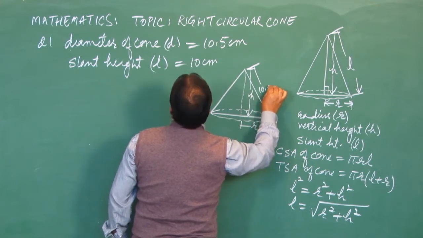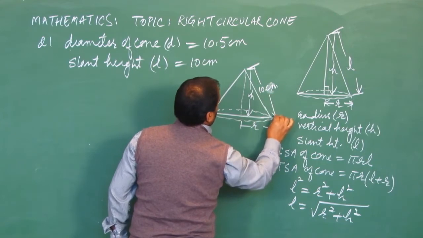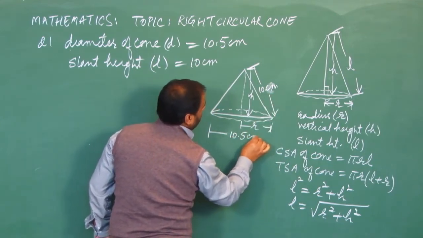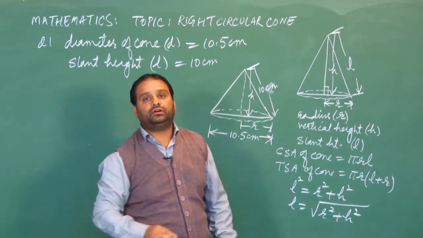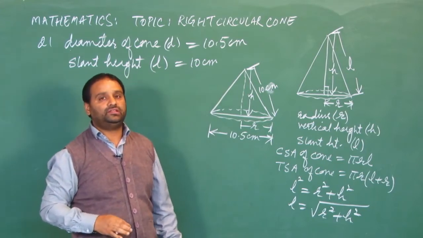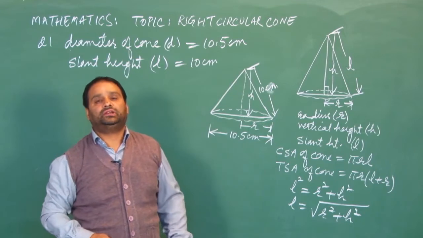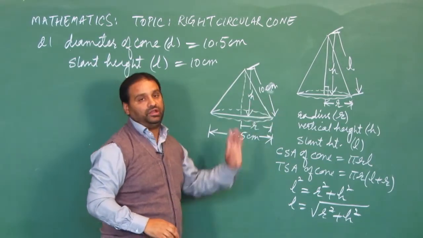Slant height is given as 10 centimeters and the diameter is 10.5 centimeters. We should note that to find the total surface area or curved surface area of a right circular cone, we do not need the vertical height. What we need is its radius and slant height.